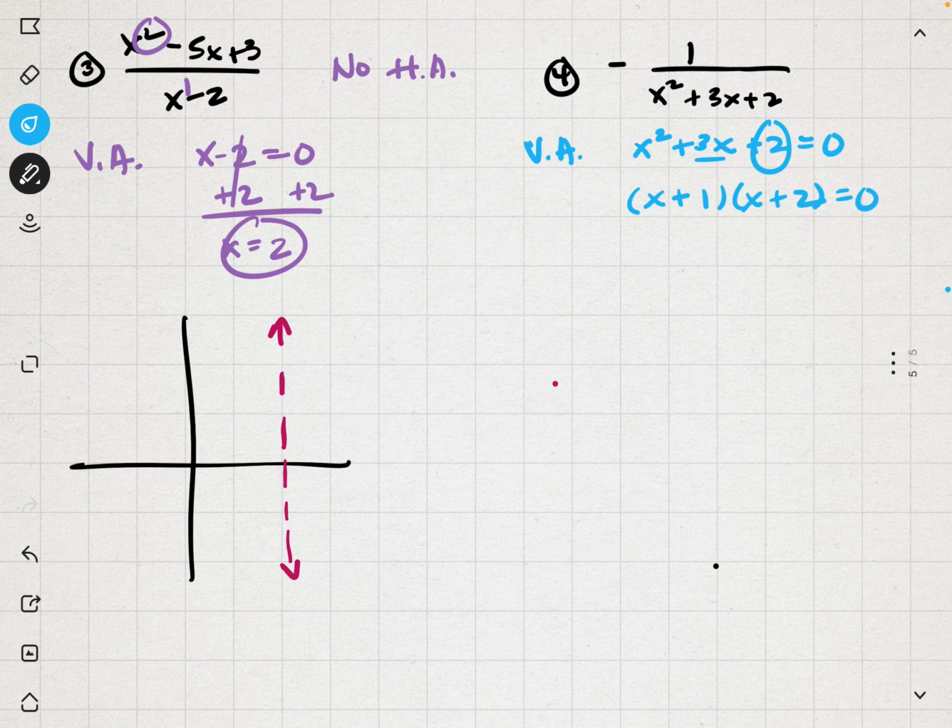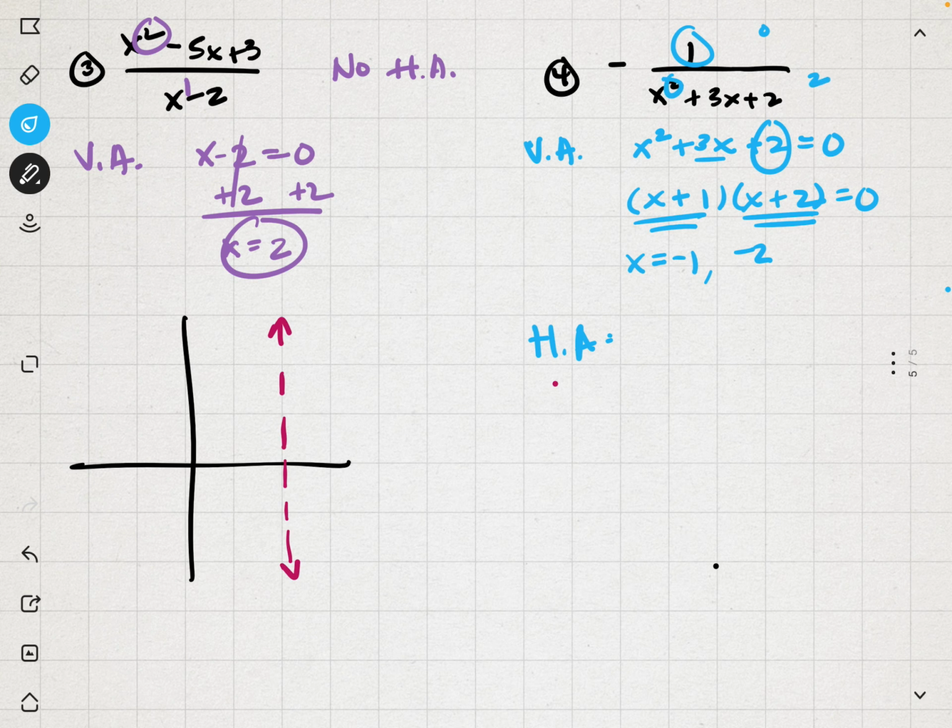So now we're asking ourselves what makes x plus 1 equal 0 and what makes x plus 2 equal 0. So we know that x is going to be negative 1 because negative 1 plus 1 is 0. And then x is going to be negative 2 because negative 2 plus 2 is 0. So we have 2 vertical asymptotes. And then our horizontal asymptote, because the top degree is 0, right? There's no x. And the bottom degree is 2 because our highest is x squared.